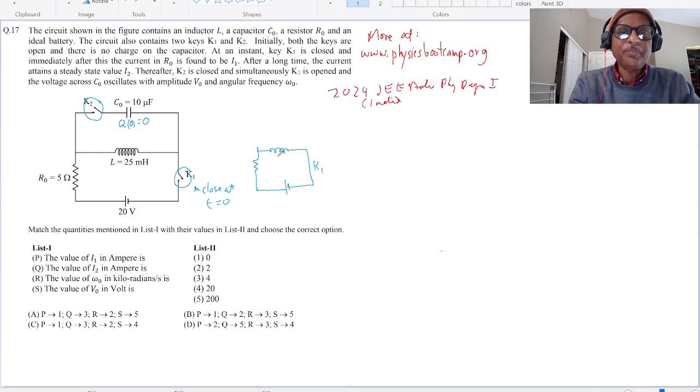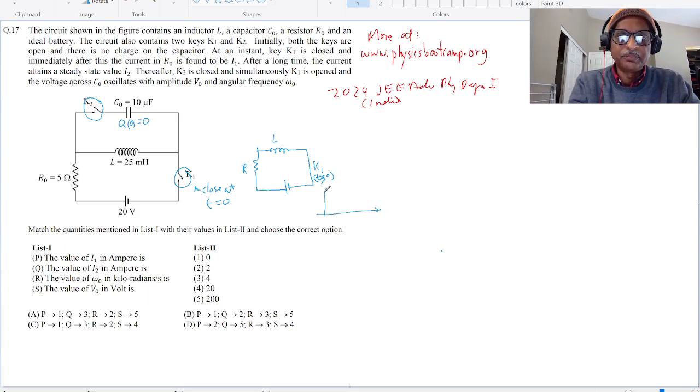This circuit is basically an RL circuit, closed at t equal to 0, for t greater than or equal to 0. Initially the current will build up in this circuit.